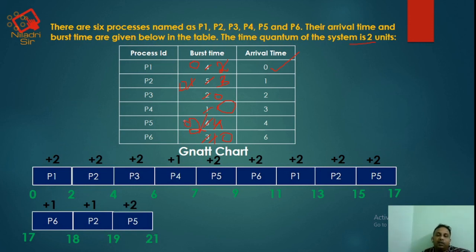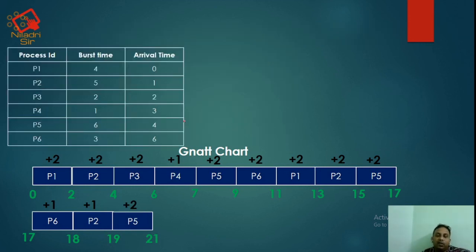Next we will find out the waiting time. So the waiting time for P1: the last block of P1 is this one. Starting is 11. P1 executed once, so 11 minus 2 is 9 minus the arrival time. Okay. So what will be the waiting time of P1? 11 minus 2 minus 0.